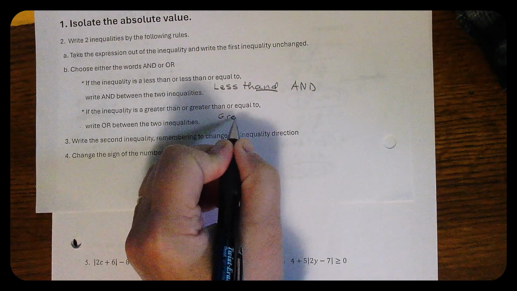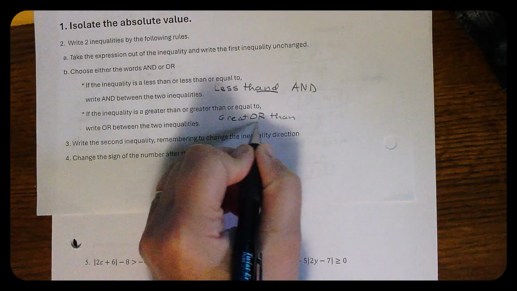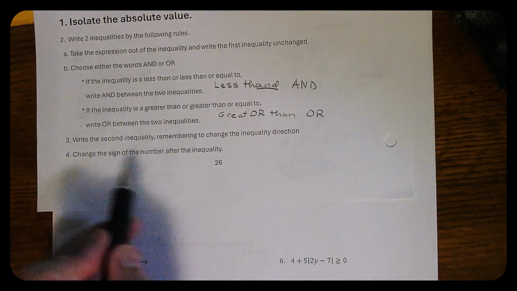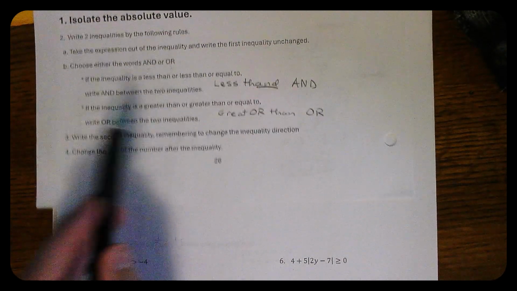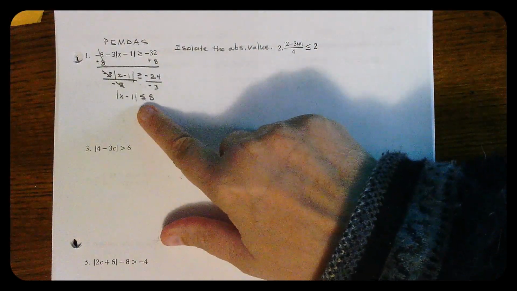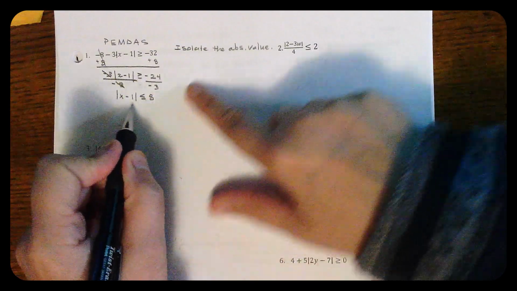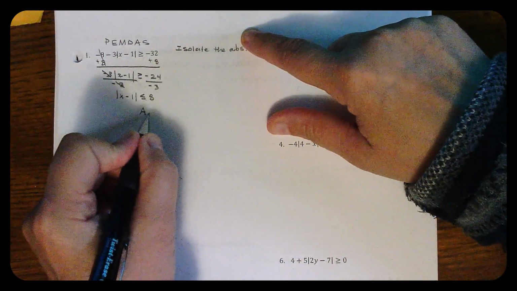So I think of the words greater than. So it's an or. Okay, so this is going to be the word and here, because this absolute value is less than or equal to 8. Okay, so the word is going to be and.